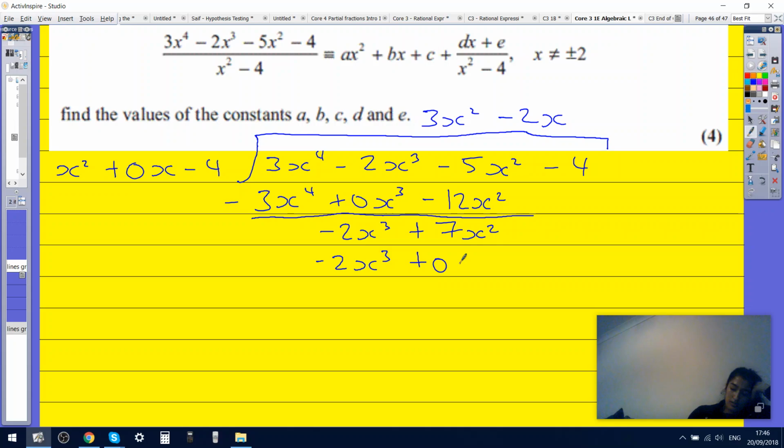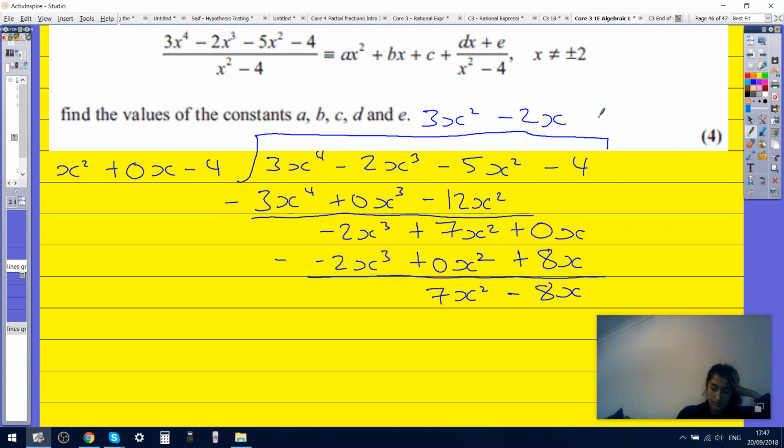And then 7x squared divided by x squared equals 7. Then you get 7x squared minus 7x minus 28.